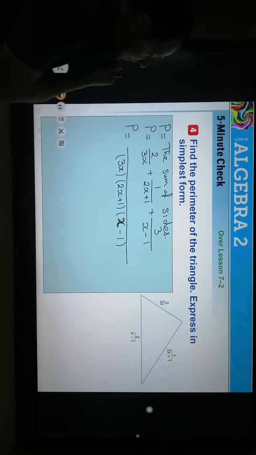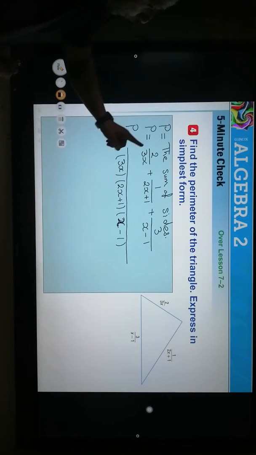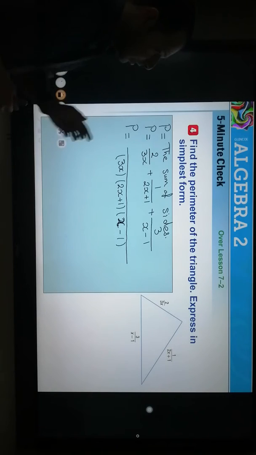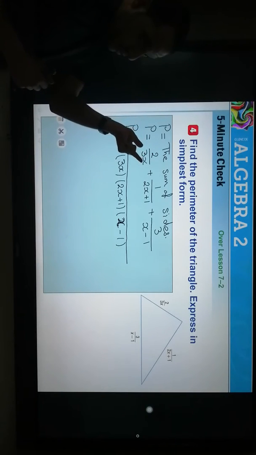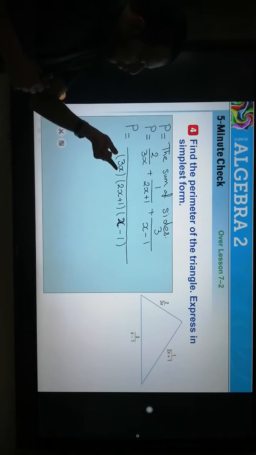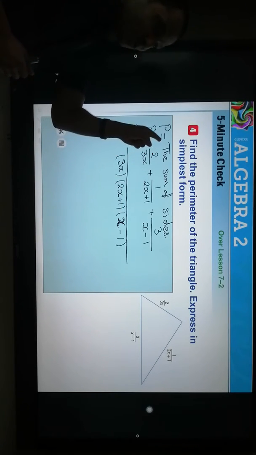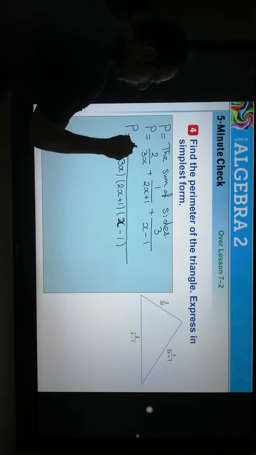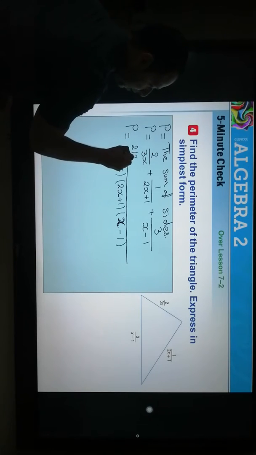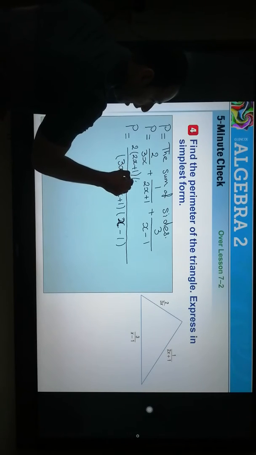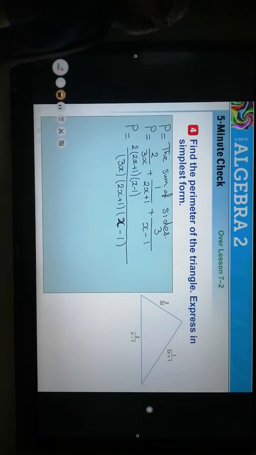Yes, I heard you that the denominator changed from the first, the second, the third. So we must start with the first one. 3x, this is the denominator, becomes 3x multiplied by the 2 brackets. So we must multiply also the numerator by the 2 brackets. So it becomes 2 multiplied by the 2 other brackets, which are 2x plus 1 and x minus 1.